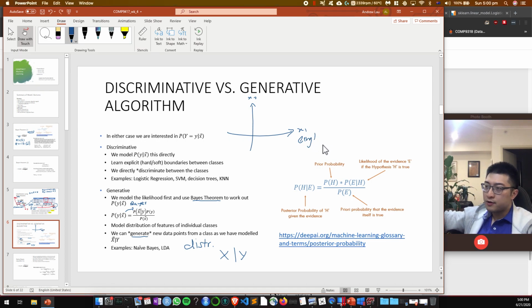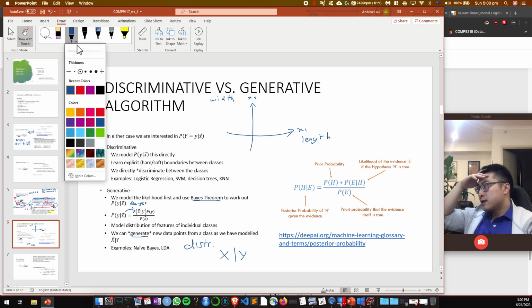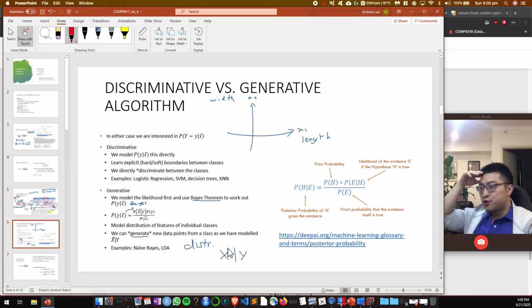Sorry, that's some terrible writing, isn't it? So let's say this is length, and let's say this is width. Now, if you've done your generative model, you have a model of the probability distribution of your features given y, right?